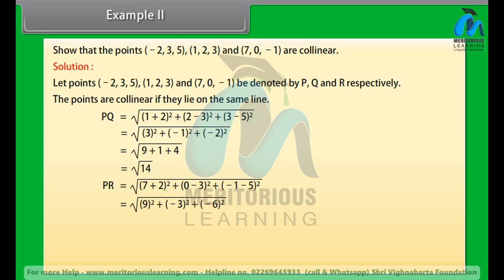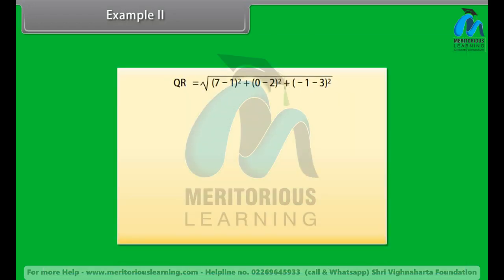After calculating PR, we get 3 into square root of 14. QR is equal to the square root of (7 minus 1) square plus (0 minus 2) square plus (-1 minus 3) square. After calculating QR, we get 2 into square root of 14.